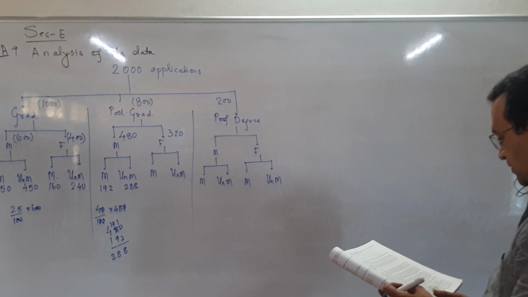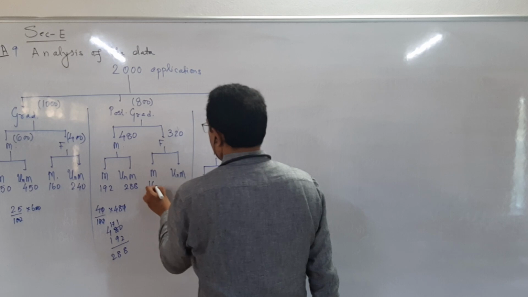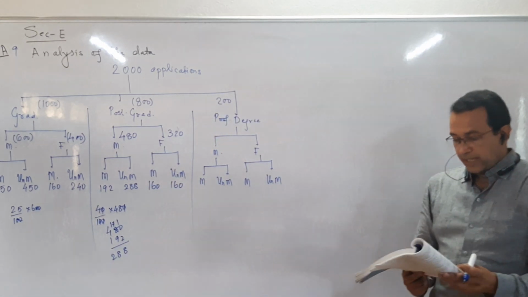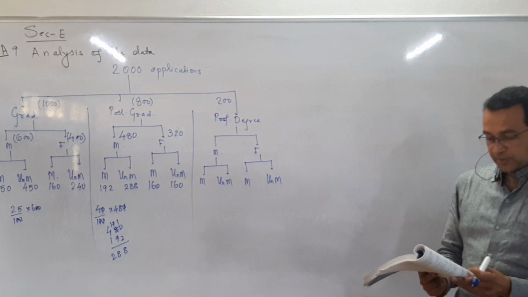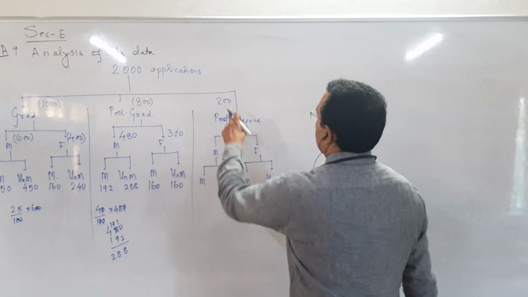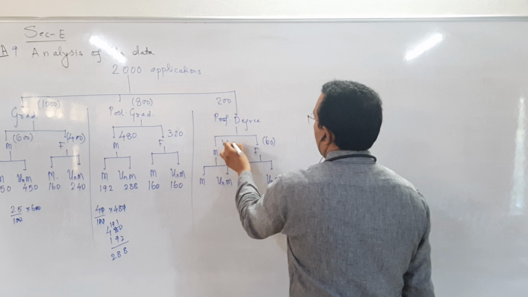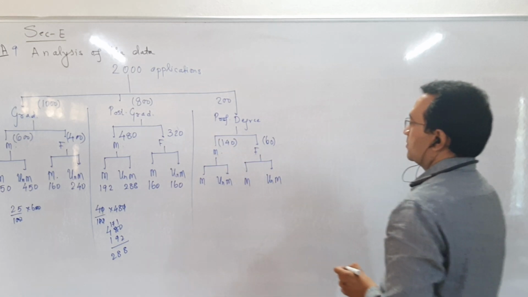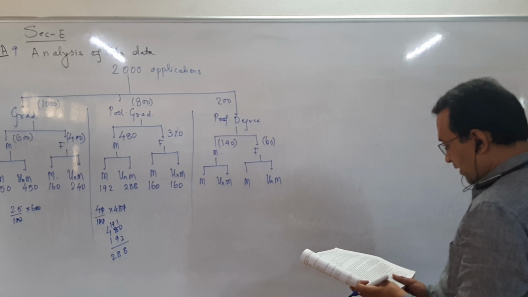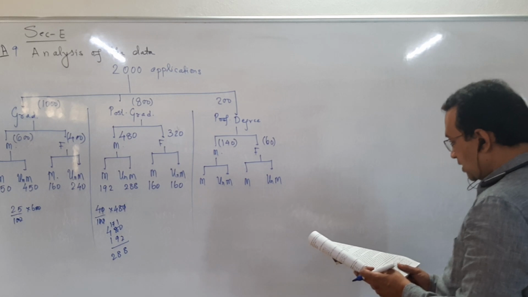Among postgraduate females, 50% were married, 50% of 320 is 160, so 160 unmarried. Then 30% of the applicants had a professional degree. 30% will be 60, so this will be 140. Then the number of married and unmarried males having a professional degree was equal.